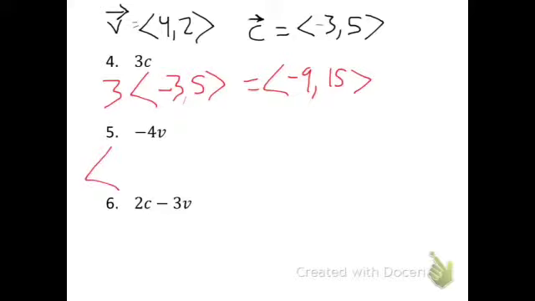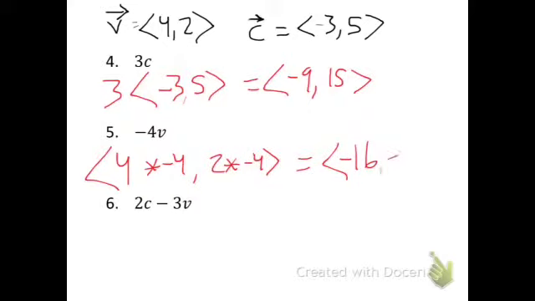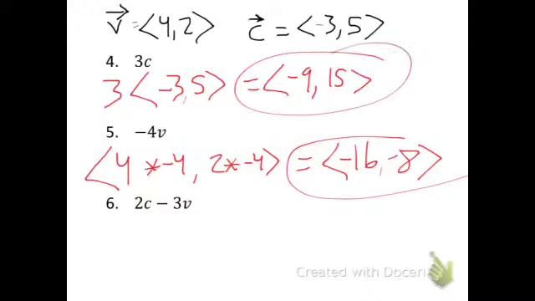So let's do this. We'll put down the components for v and do the times negative 4 part. And when you do that, you're looking at negative 16 and negative 8. There you go. You have your answers here.